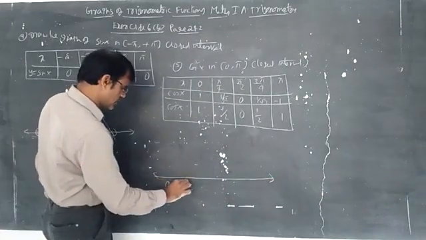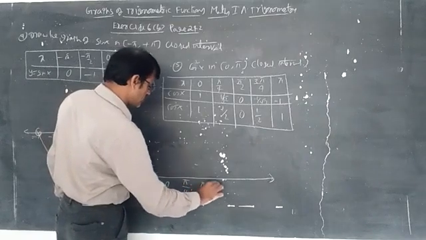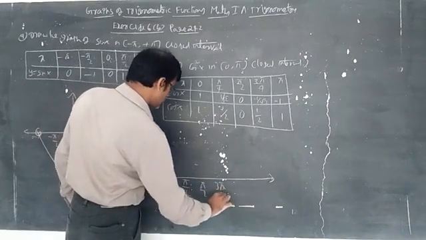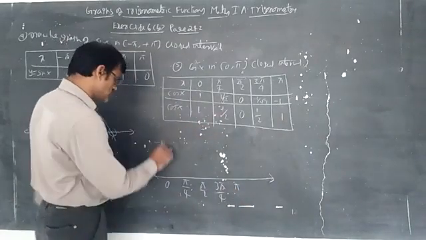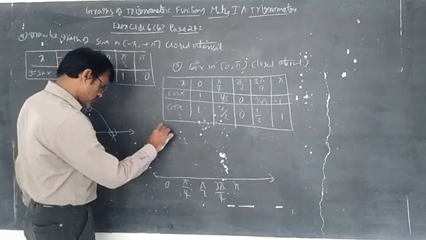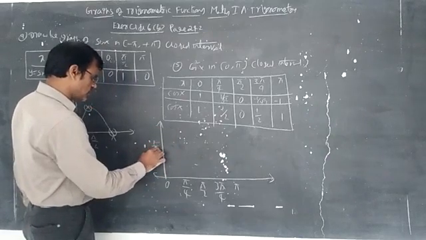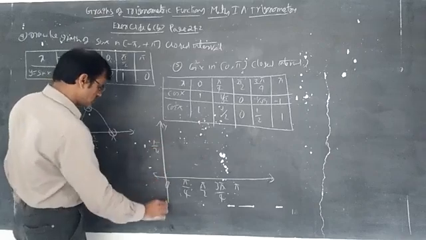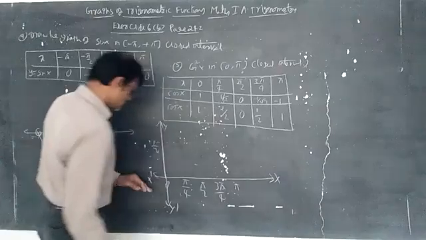Put here 0, with the difference pi by 4, pi by 2, 3 pi by 4 and pi. The values we are getting are 0, 1 by 2, 0, 1 by 2, 1. Put here in the middle 1 by 2. This is y dash, this is x dash and this is x.